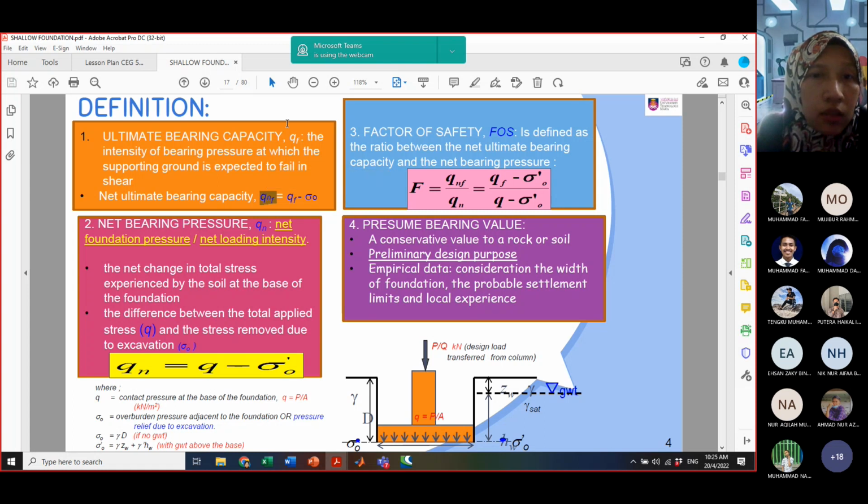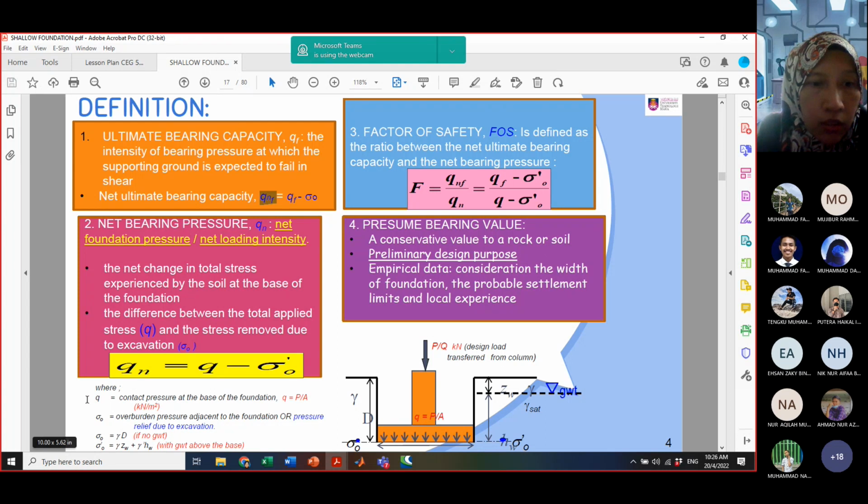Qf is the ultimate bearing capacity, whereas for the net, from the ultimate bearing capacity you have to subtract the overburden pressure. What is the overburden pressure? It is gamma times D. That is the overburden pressure.